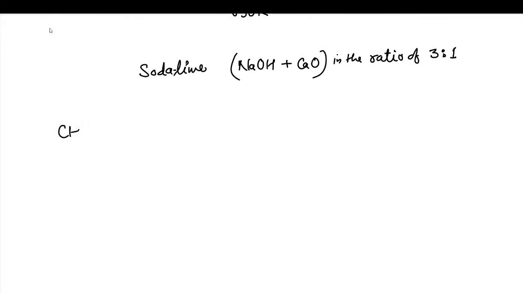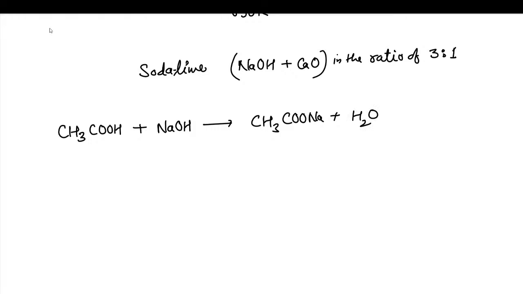See, we have acetic acid. First, it is treated with sodium hydroxide. So we get sodium acetate, means an acid-base reaction takes place with water. Then sodium acetate is treated with another molecule of sodium hydroxide in the presence of calcium oxide at 630 Kelvin.